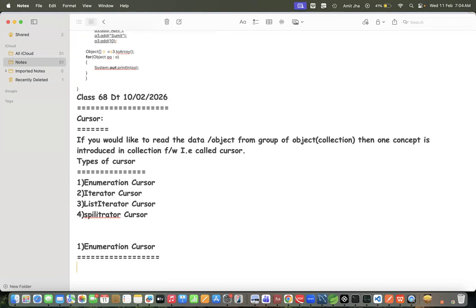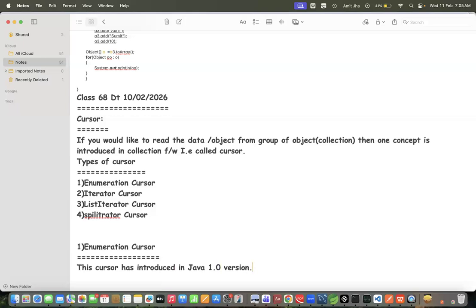This cursor was introduced in the Java 1.0 version. Keep in mind, guys. Any question? I hope no. This cursor was introduced in Java 1.0.